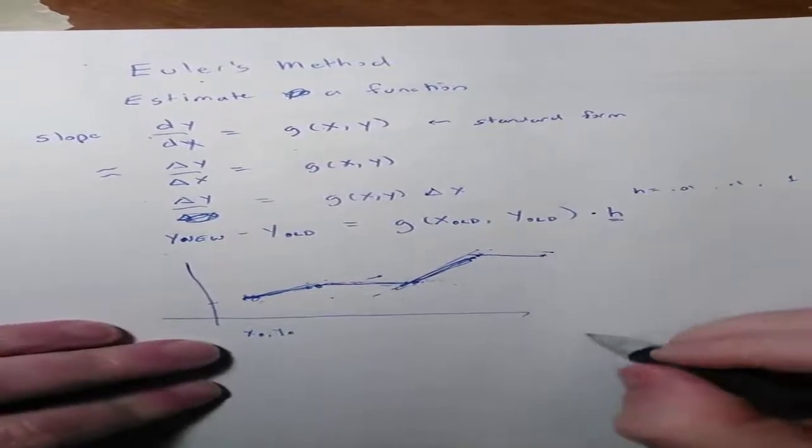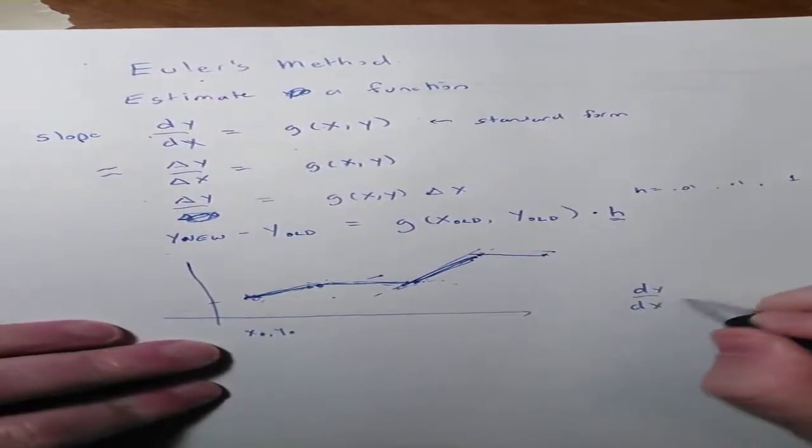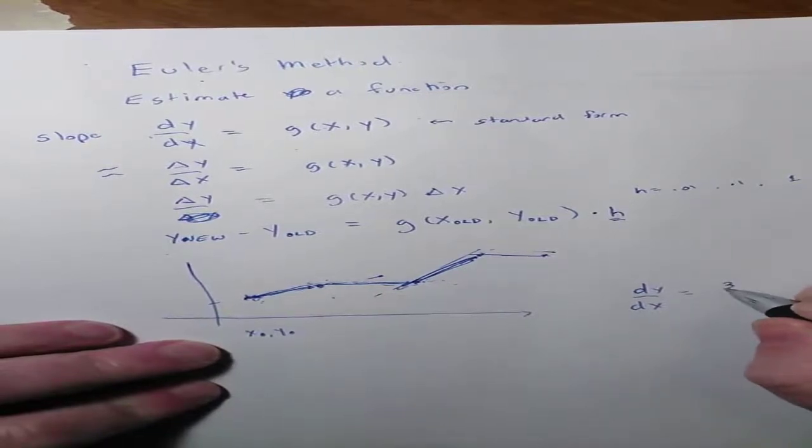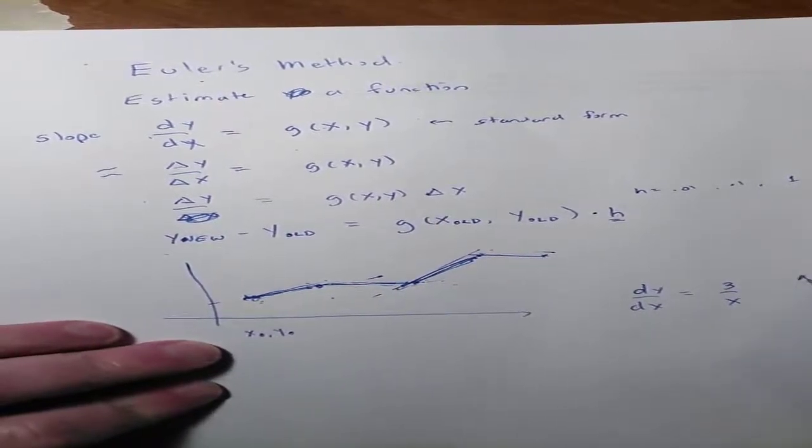What this problem is going to look like: you're going to get a dy by dx equal to, say, something like 3 over x. Just by coincidence, I'm picking the problem that we're going to do next. Then it'll tell you something like dx or h is equal to 0.1. That's very typical for our book.